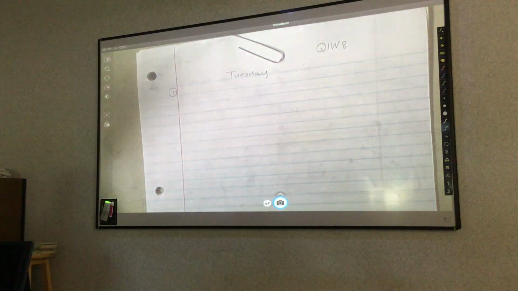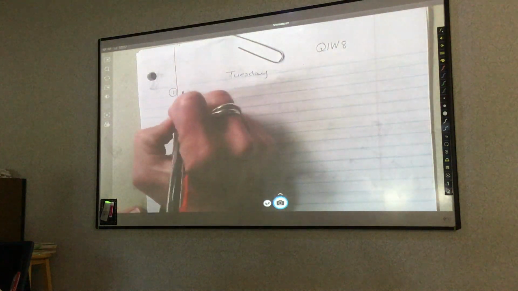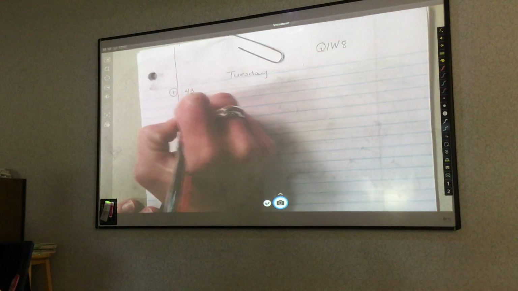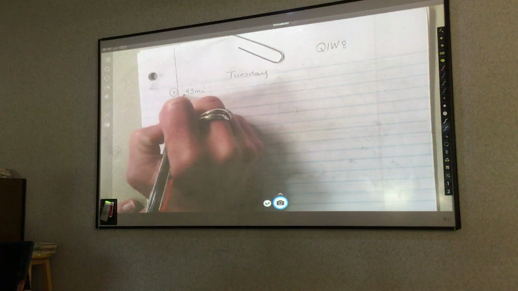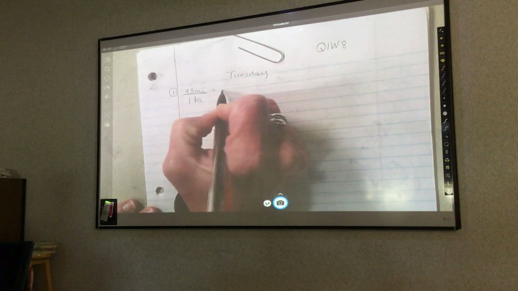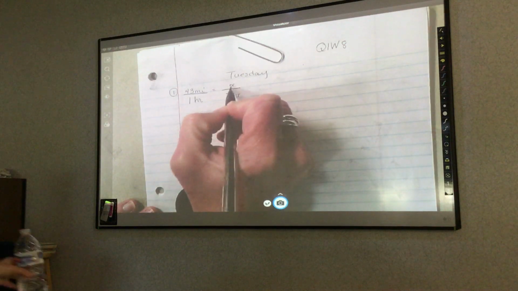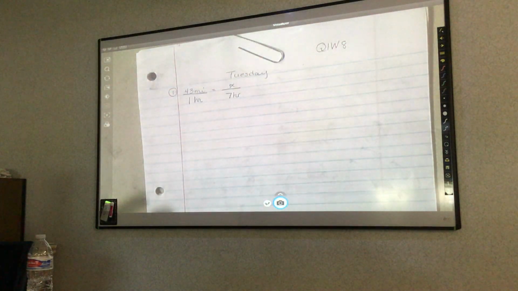Or 7 hours. How many miles are left of the entire trip if the entire trip is 400 miles? If I'm traveling at 43 miles per 1 hour, and I am traveling 7 hours, I can set up an equivalent ratio.